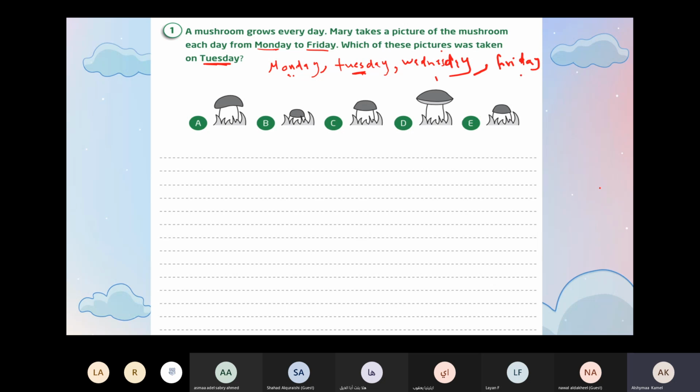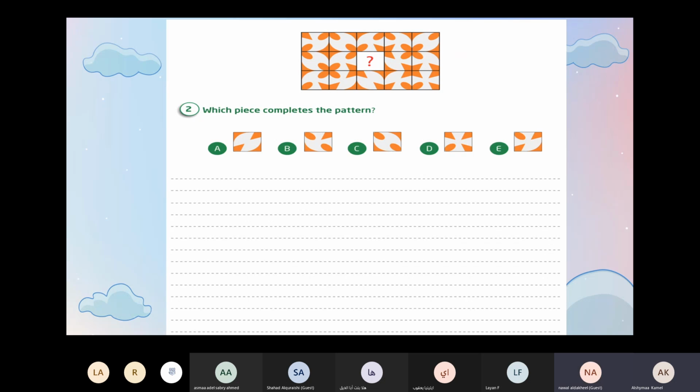It's only the second day of planting, so it's not A. E is the smallest one, so I think this is for Monday. No. So it's E, that's right, because A and D are so big, and C also. So it will be letter E. Number 2.